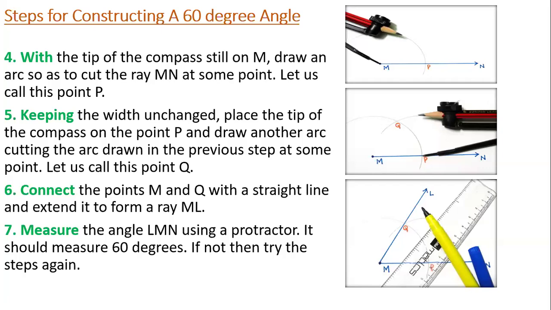But with the ray, we measure to the middle. If the line is really long, you still do about half. But it still should be 60. All right. Take a picture of your work and send it to me via WhatsApp.